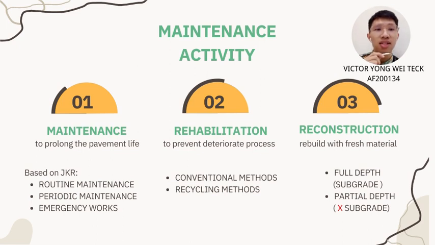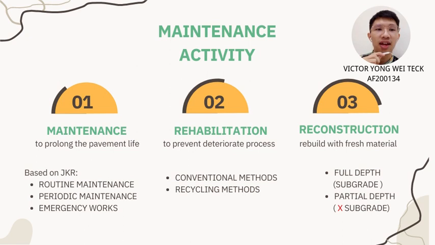There are two methods to construct the rehabilitation maintenance: conventional methods and recycling methods. The methods of rehabilitation depend on the defect of the road. The defects of the road can be categorized into two categories: the functional defect and the structural defect.